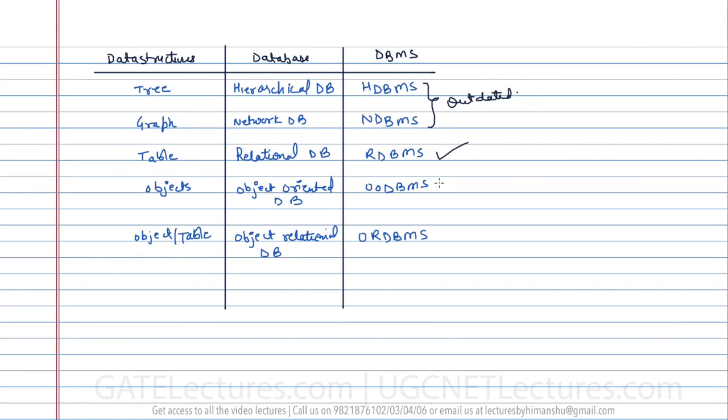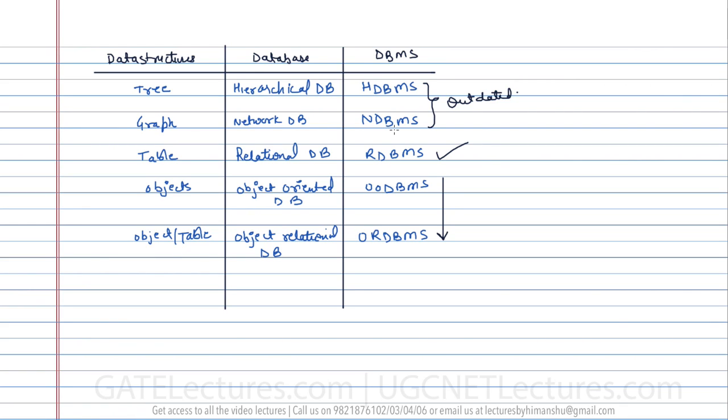The object database management system and object relational database management system are relatively new compared to the relational database management system, but they are not widely used in applications, because the widely used one is the relational database management system. It is very easy to understand, very easy to grasp, and you can easily implement it.